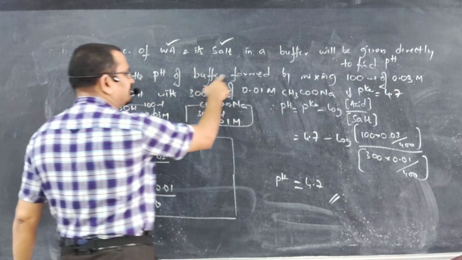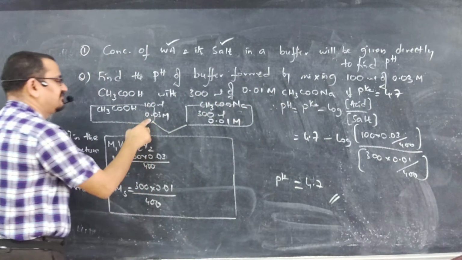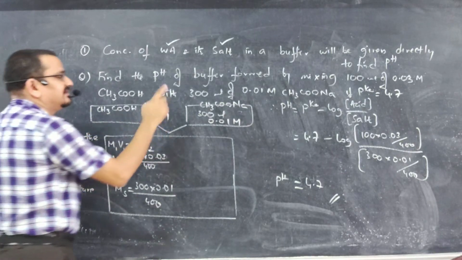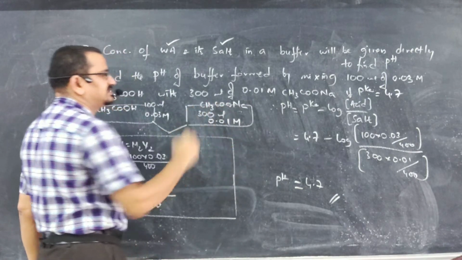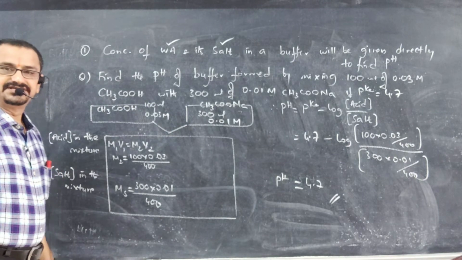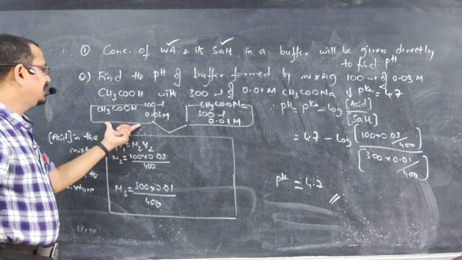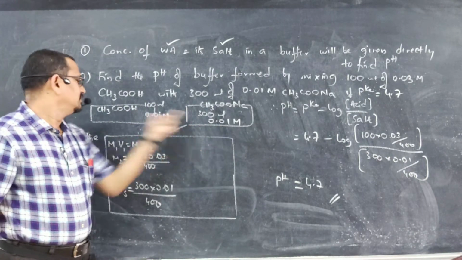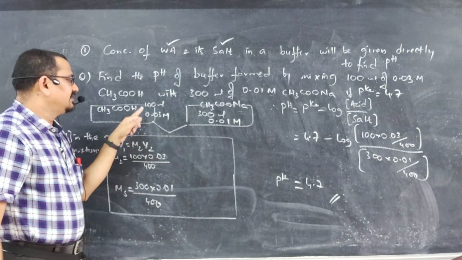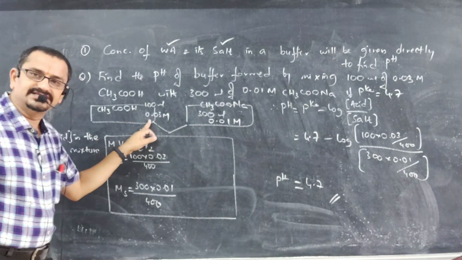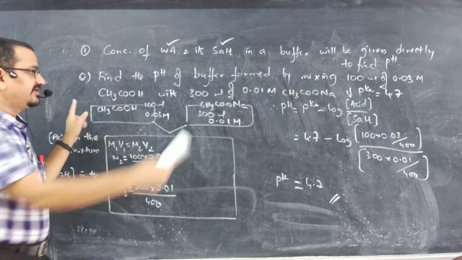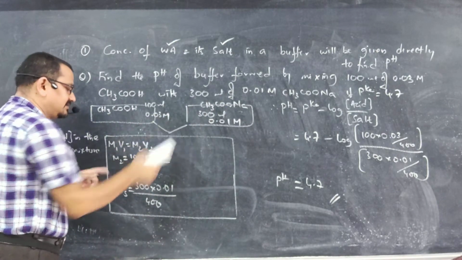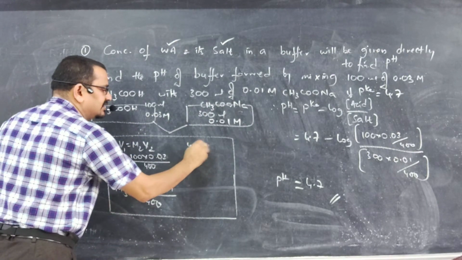Calculate the pH of the buffer formed by mixing 100 ml of 0.03 molar acetic acid with 300 ml of 0.01 molar sodium acetate. Now the acid and salt before mixing have these values. In 100 ml the acid concentration is 0.03 molar. When we mix both 100 and 300, the resulting volume is 400 ml.